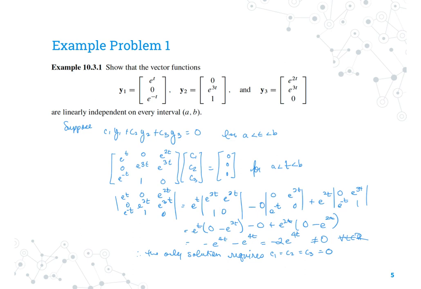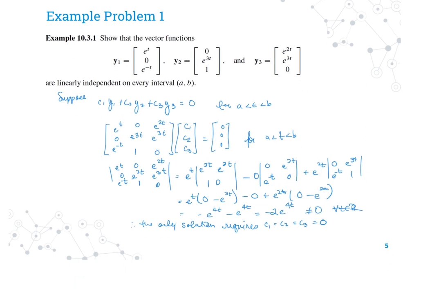And this means then that our system of solutions, c1y1 + c2y2 + c3y3, is linearly independent. So we can write that in. Therefore, the set y1, y2, and y3 are linearly independent.